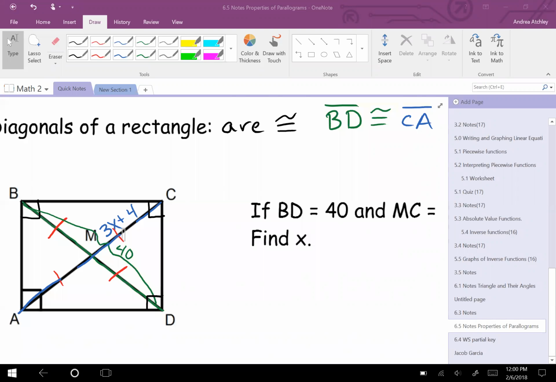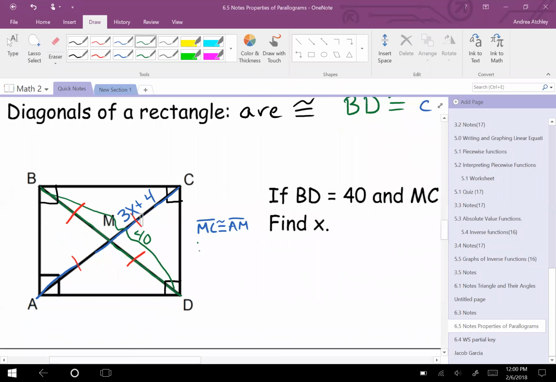How would MC, so we already said that MC is congruent to AM. And we said that segment BD is congruent to AC.